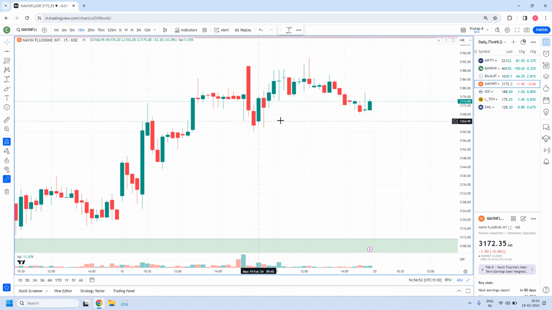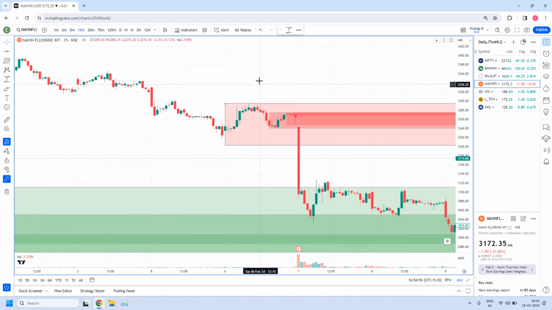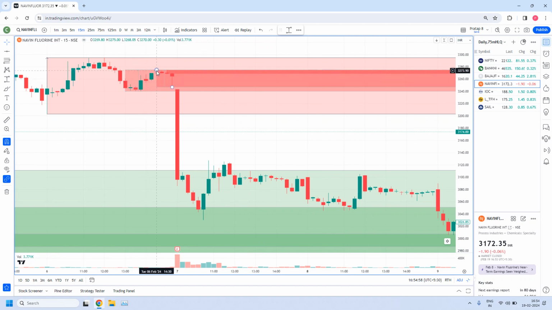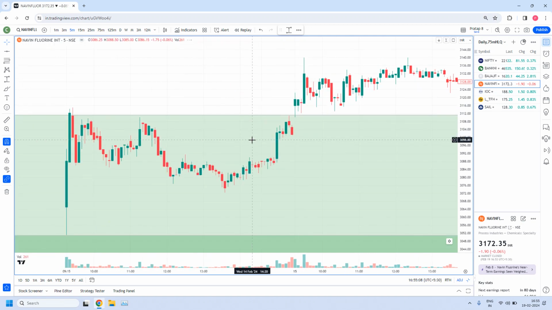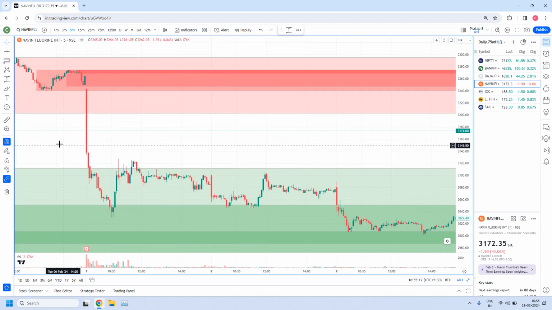Oh, sorry, 15-minute zone, not 5. Inside 75, we have the 15-minute zone, rally, 1, 2, 3, 4 base candles, again a drop with a gap. See here. And you get better clarity when you look into 5 minutes. And finally, this is the 5-minute zone.